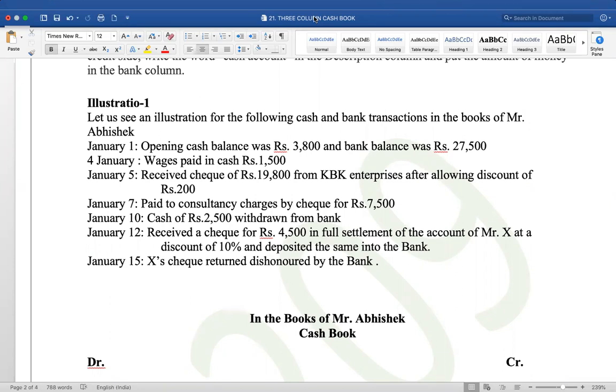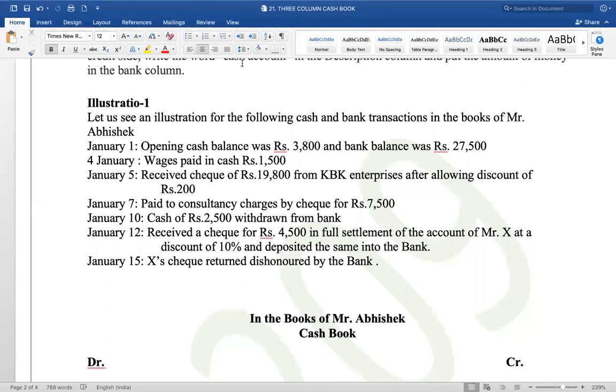Rohit. Gundada Pavan. Present, sir. Rohit. Wages paid in cash rupees 1500. Once again.